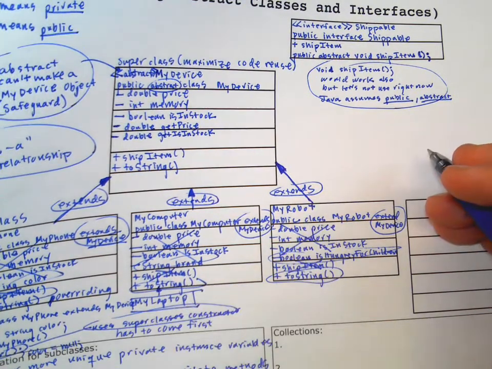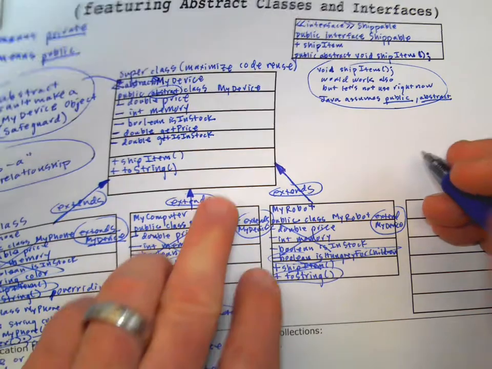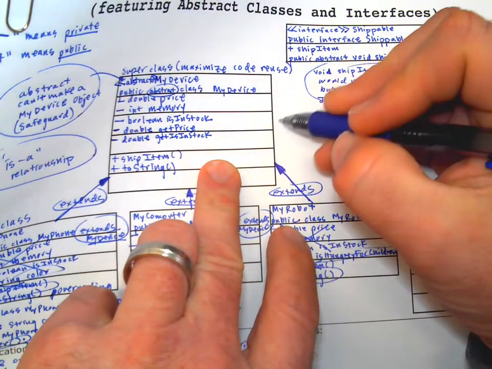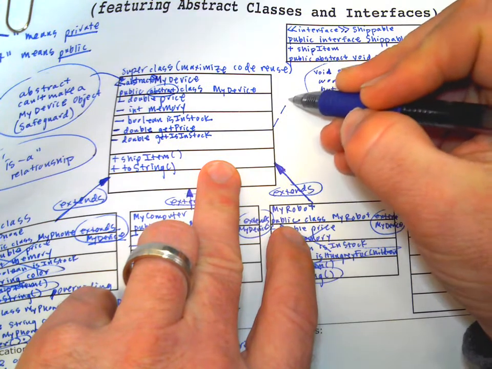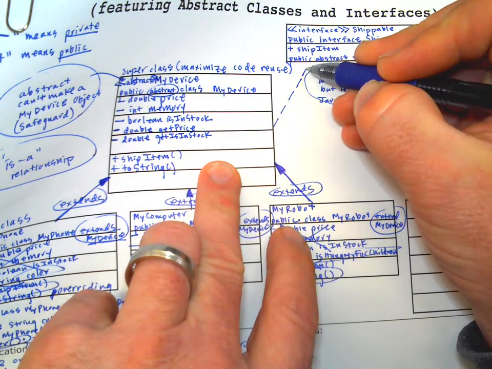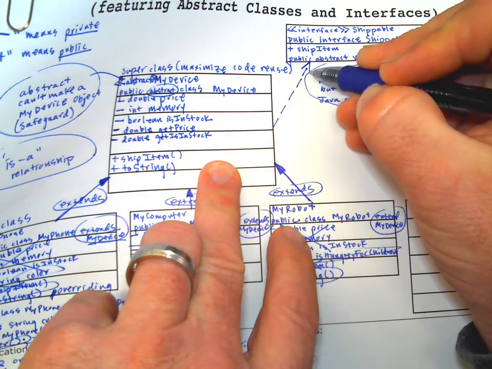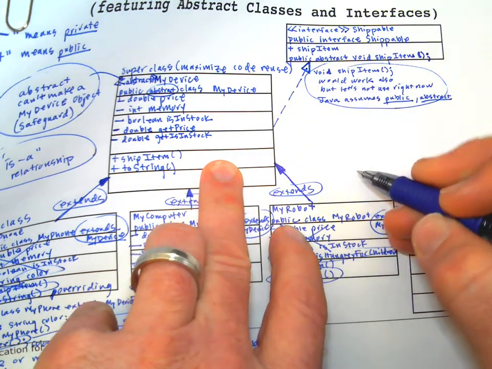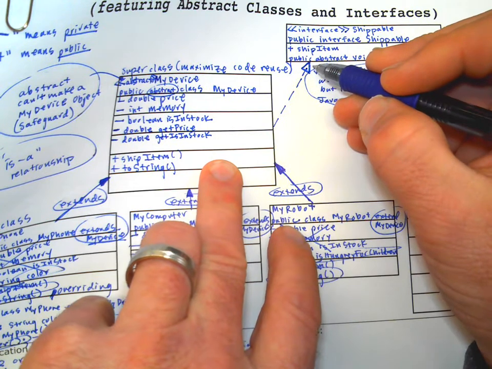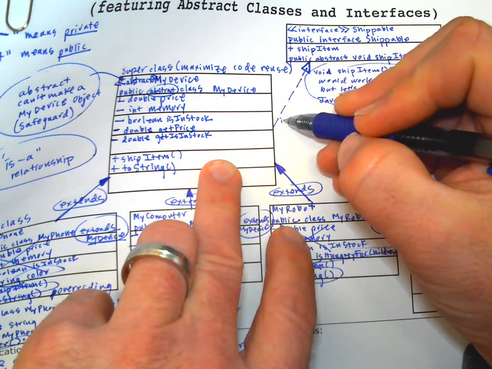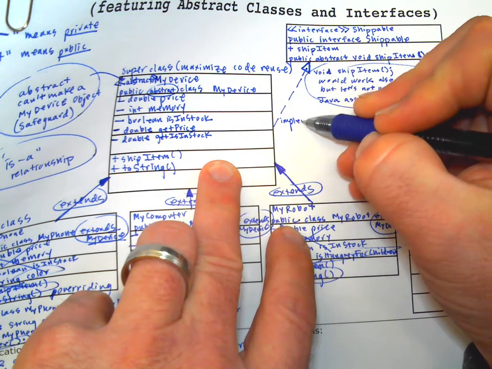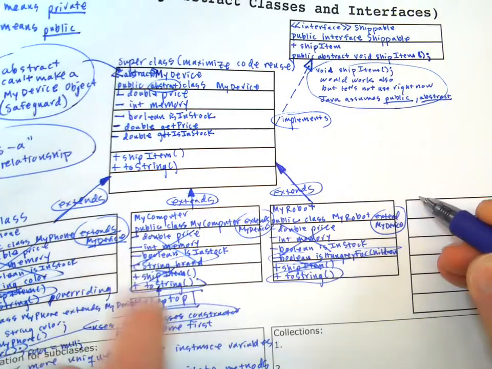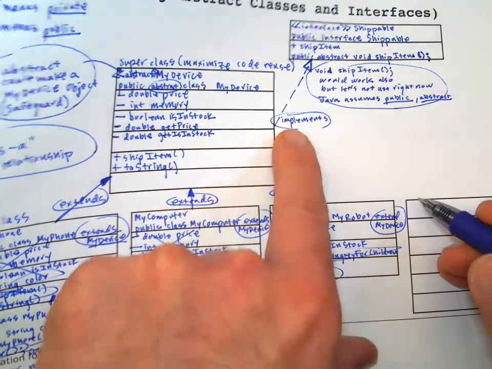Now, on our UML diagrams, let's have the myDevice class implement. So if you do a dash line with a closed arrow, that means implements. Okay, so it's different than subclass, superclass. Instead of extends, it implements.